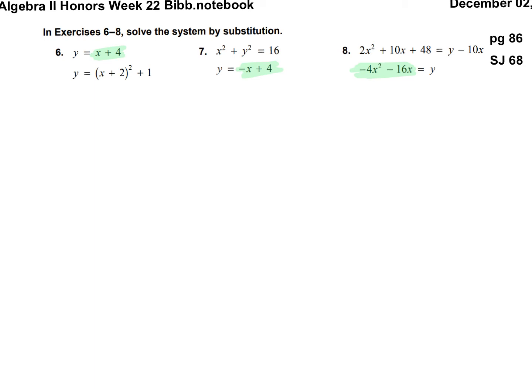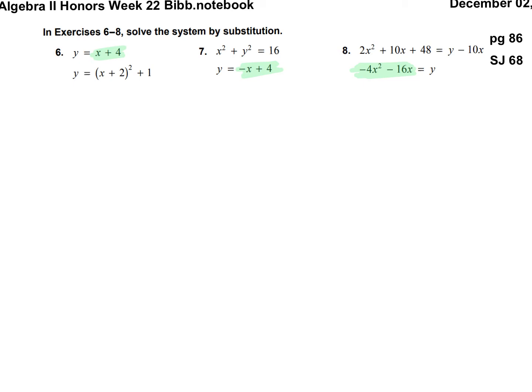If you happen to get i in your answer, that means that each of those graphs would not intersect. So the answer would be no solution. You would not have an imaginary solution. The answer really would be no solution. My advice, try the problem and then go to Desmos and check it to see if you got it right.